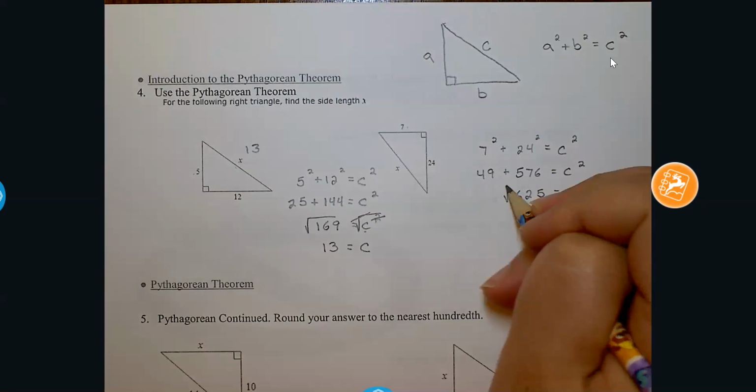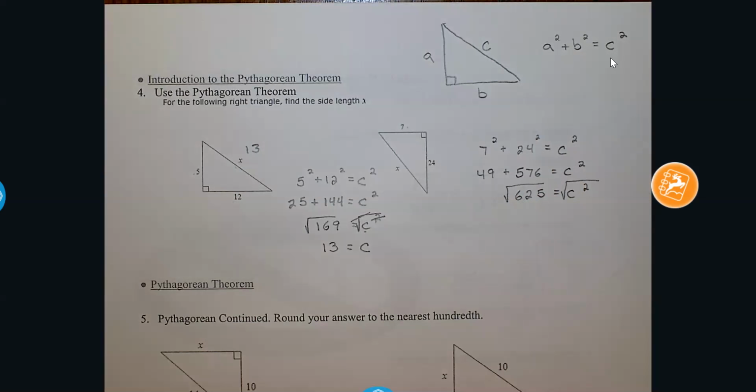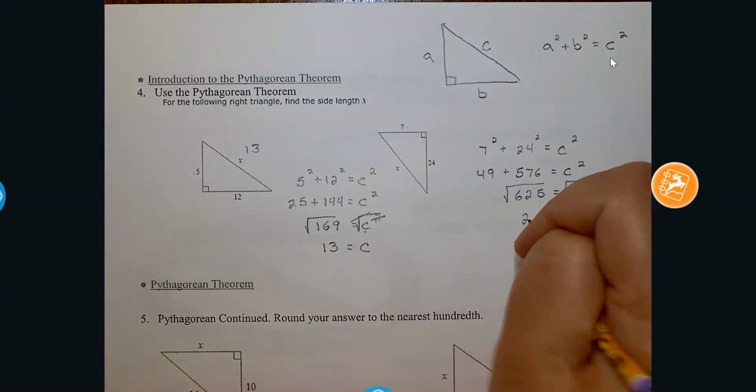And then we can't forget to take the square root of each side. And the square root of 625 is 25, I believe. Let's double check that. It is 25.